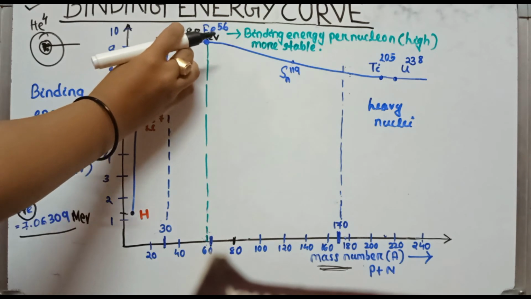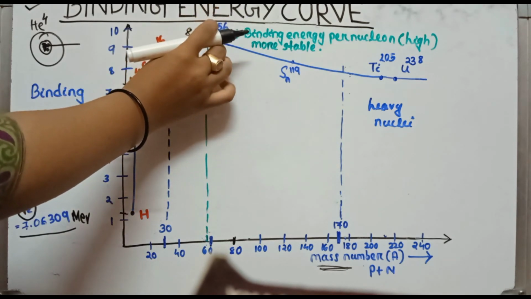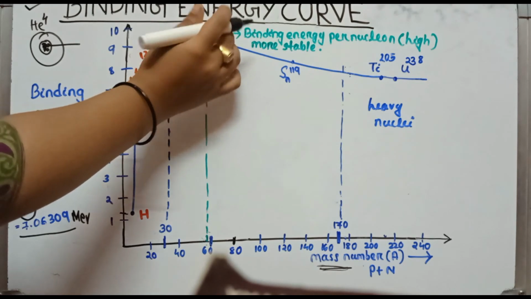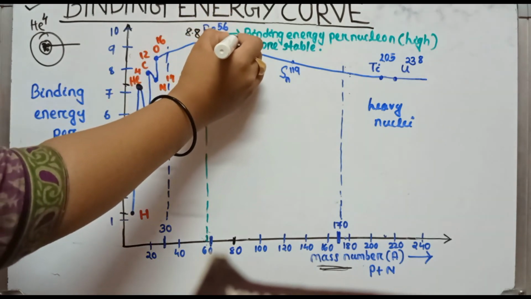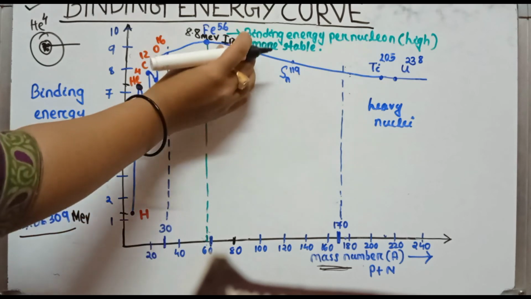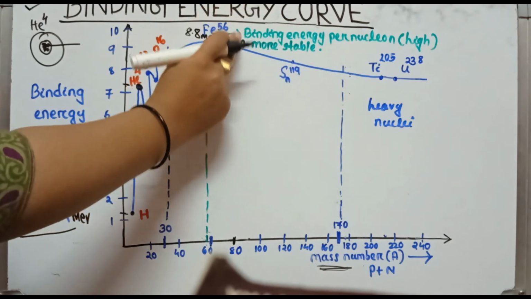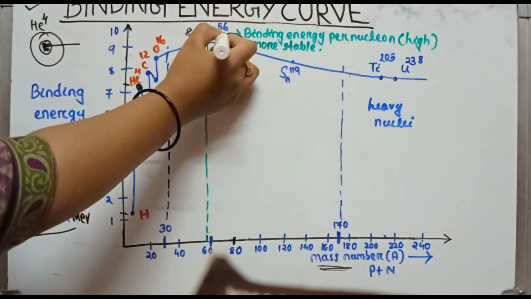Then it gradually increases up to a maximum value, which is in case of iron. In case of iron, the binding energy per nucleon is maximum, it is high for iron.